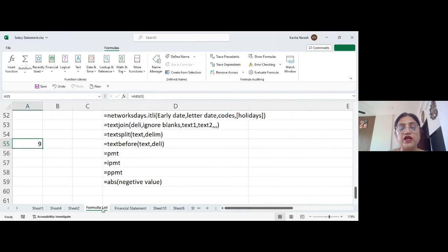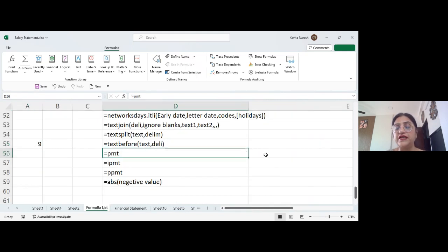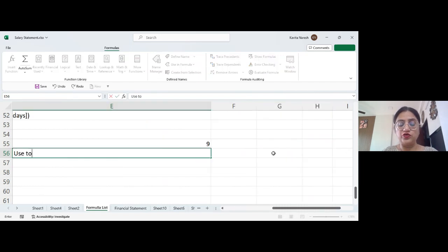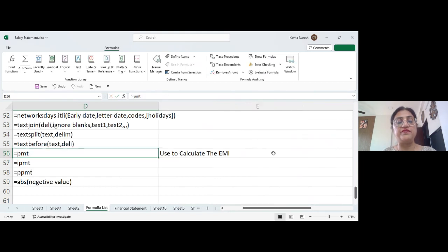The first formula was PMT. PMT is used to calculate the EMI. Everybody is aware of this term, EMI, that is equated monthly installment.